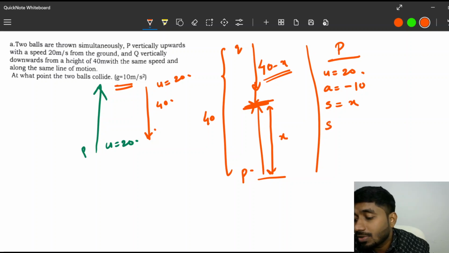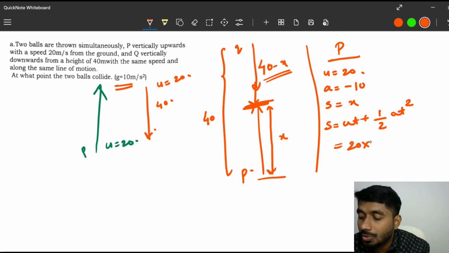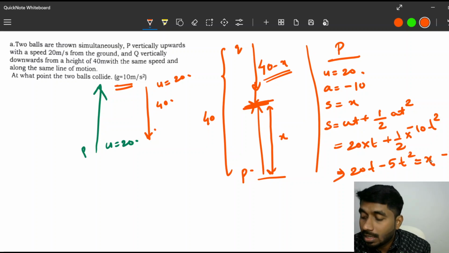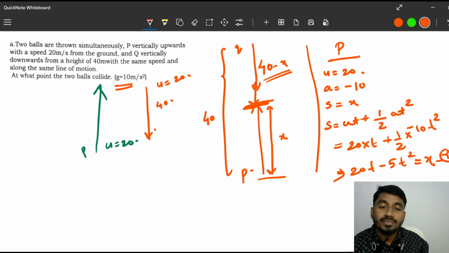We write s equals ut plus half at square: 20 into t plus half into minus 10 into t square. We get 20t minus 5t square equals x. I am marking this as equation number 1.